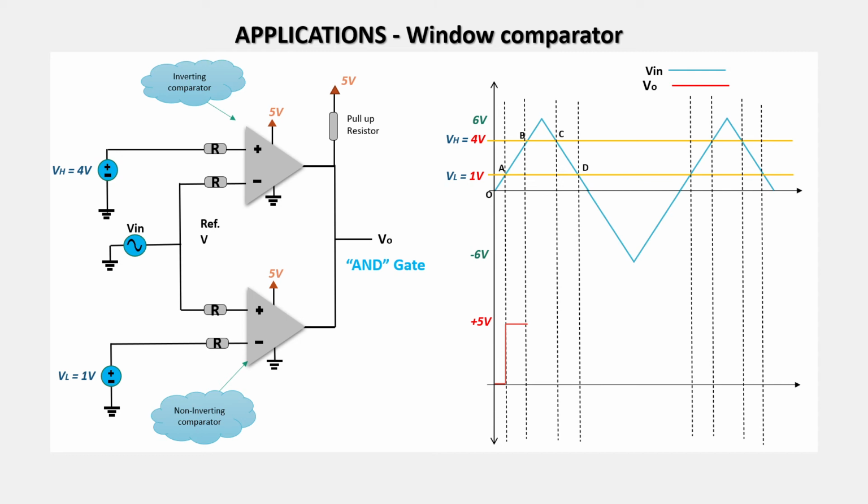In segment BC, the output of the first comparator is 0 volt and the output of the second comparator is 5 volt. So the output is 0 volt. In segment CD, the output of the first comparator is 5 volt, and the output of the second comparator is also 5 volt. So the output of the window comparator is 5 volt. Similarly, we can draw the remaining waveform.